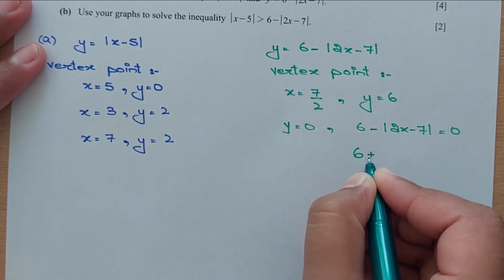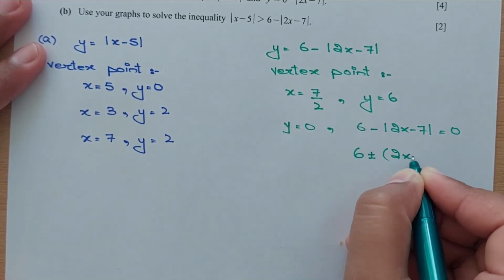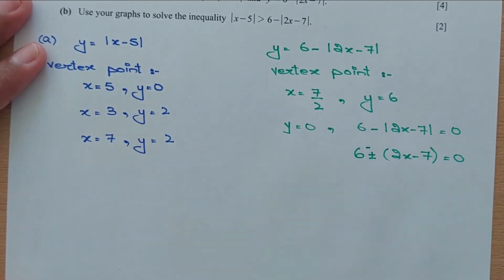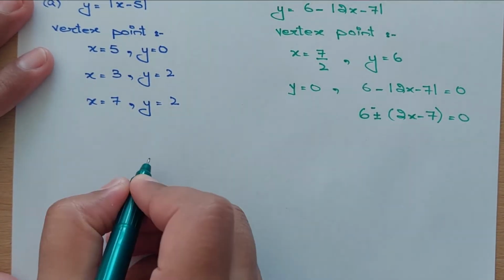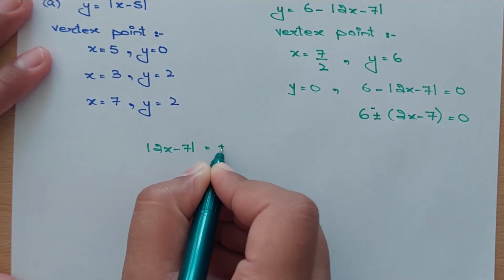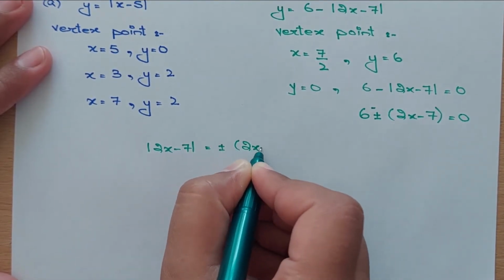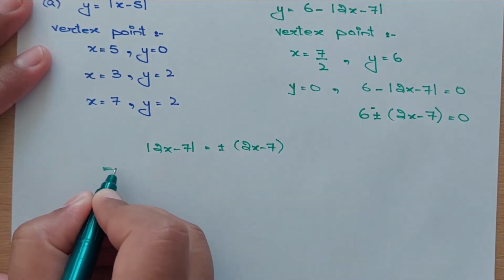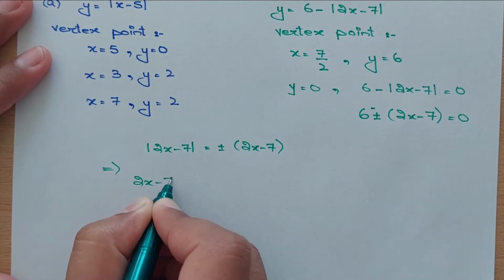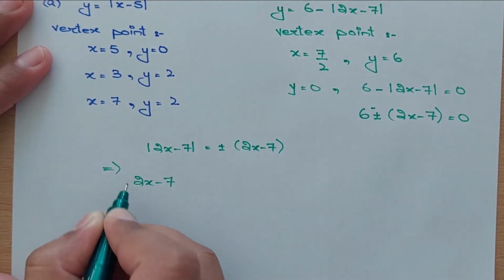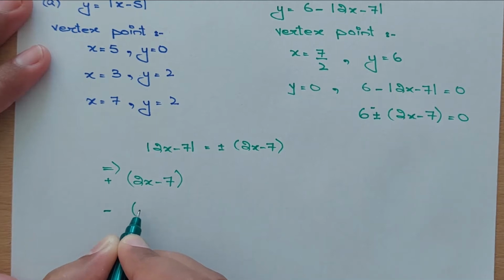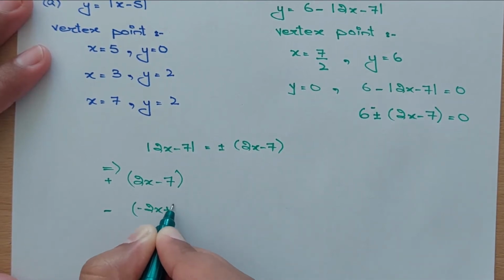So 6 plus or minus (2x minus 7) equals 0. With the plus, we have 2x minus 7, and with the minus we have minus 2x plus 7.